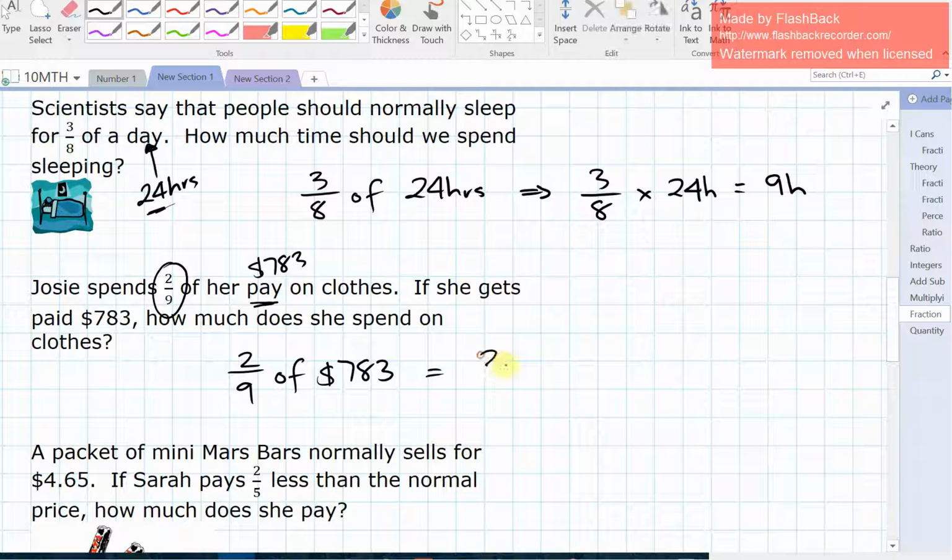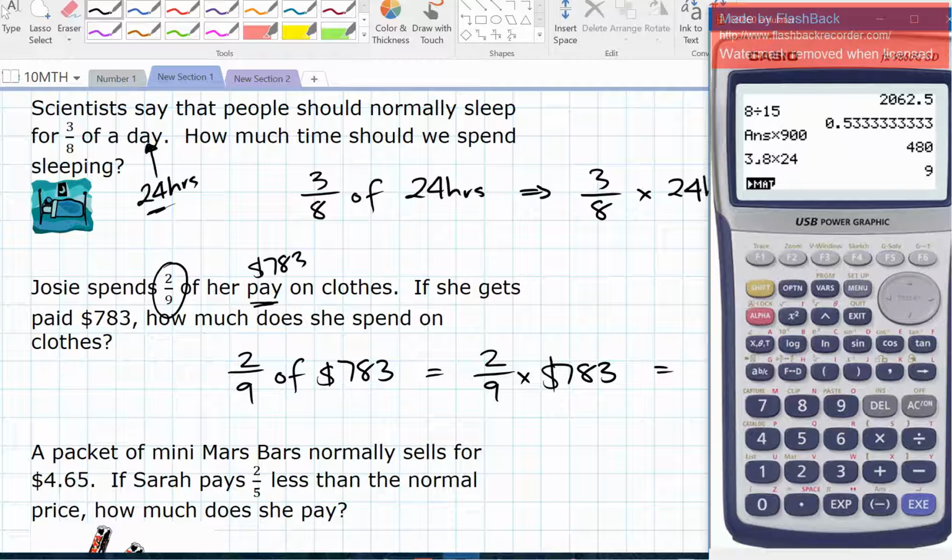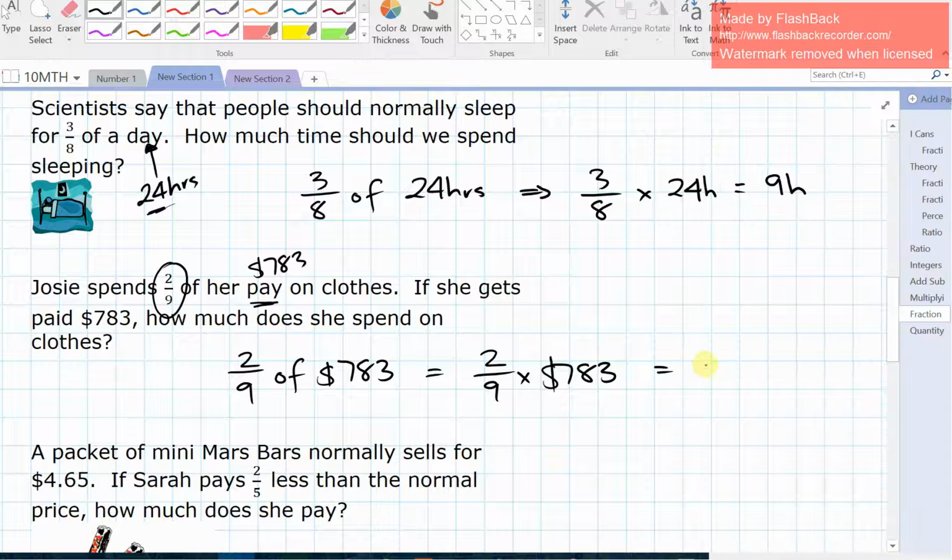So change that to times. So 2/9 times 783, get 174. So $174 is what she spends on clothes.